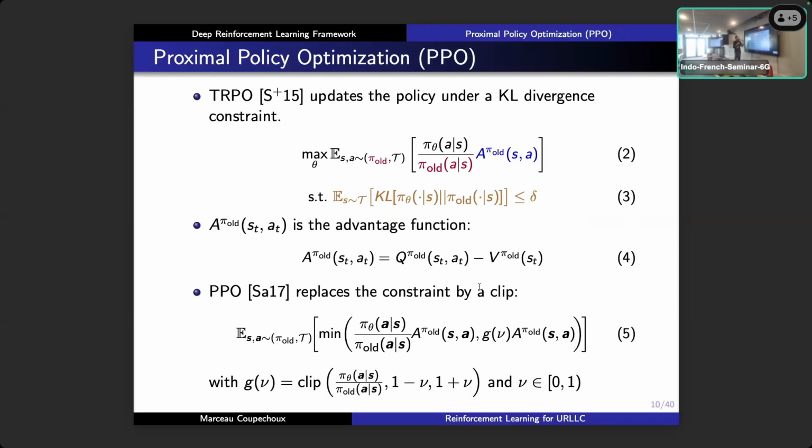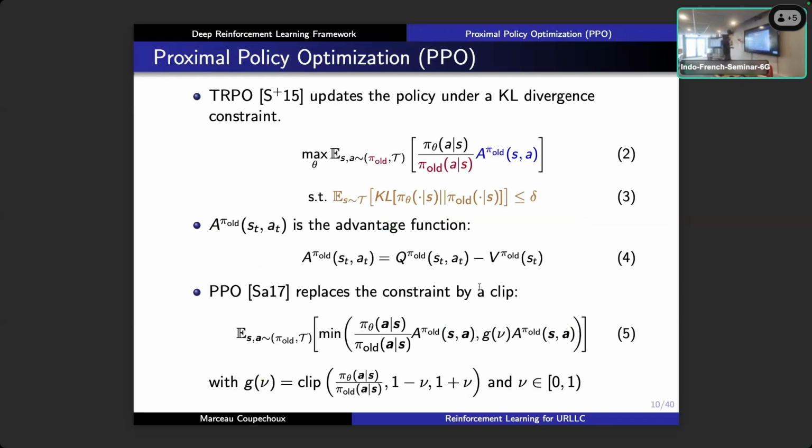I won't go into the details of how they derive this, but we can remark that first it's off policy learning. This is why we have pi theta and pi old here. It comes from the principle of importance sampling, so you can run samples with the old policy and still improve over pi theta.